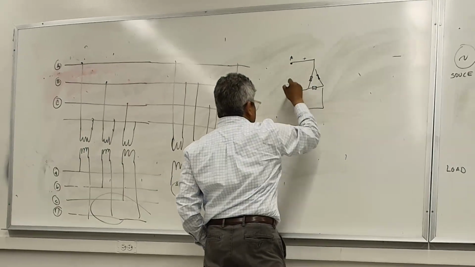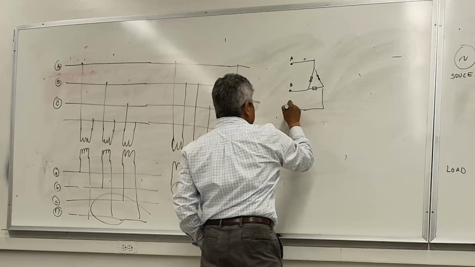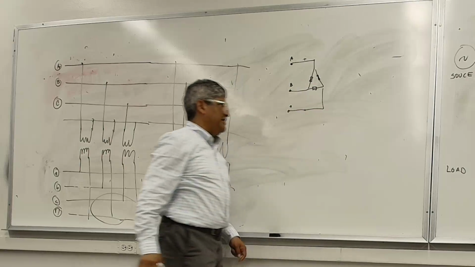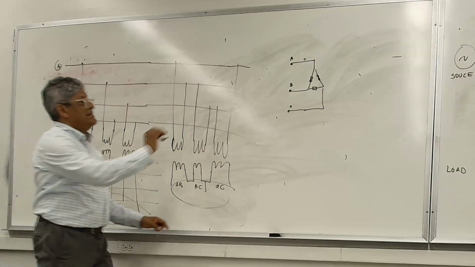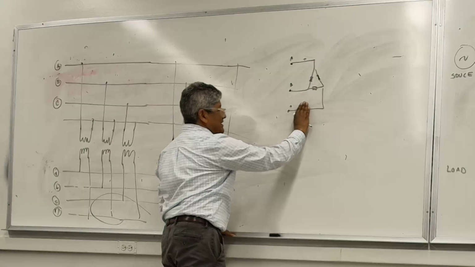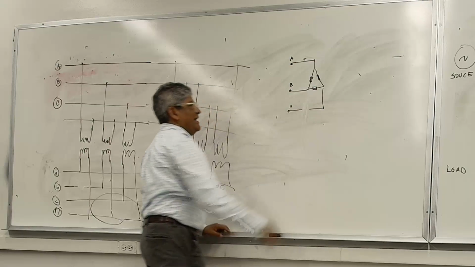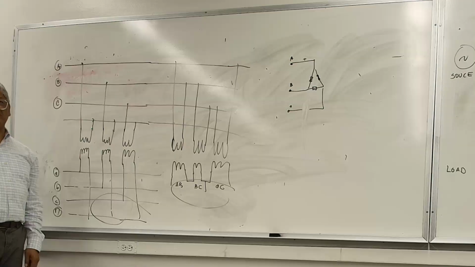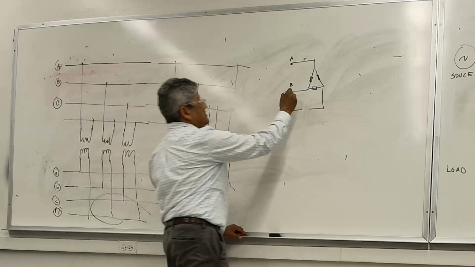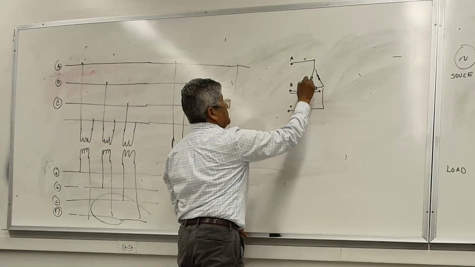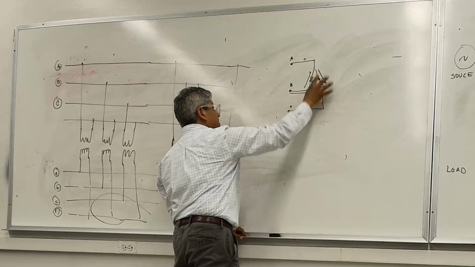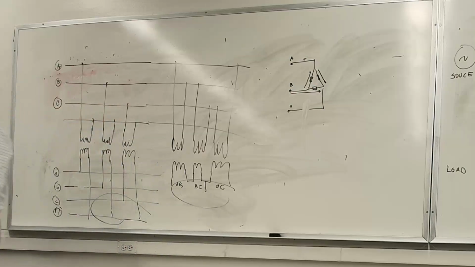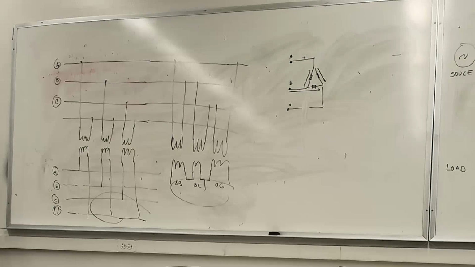And this is A, this is B, and this is C. Here's an advantage of a delta connection on this side. Say, for instance, you lose this connection, okay? You can still get to that load. You still get to this load. You still get to this load. You have an imbalance, but you still can supply the load. You see what I'm saying? So that's a big advantage of a delta connection.